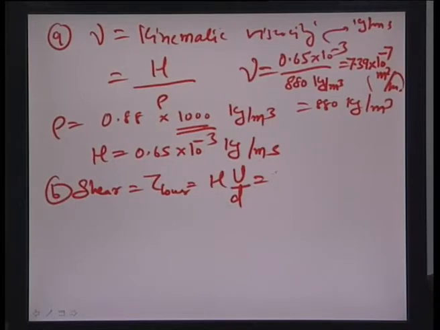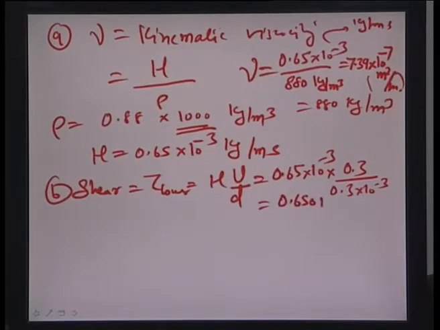So here the stress would be the viscosity 0.65 times 10 to the power of minus 3, times the velocity 0.3, divided by the distance, which is 0.3 times 10 to the power of minus 3 meters. It essentially comes out to be 0.650 pascals or Newton per meter square. That's how you define the shear stress on the lower plate.